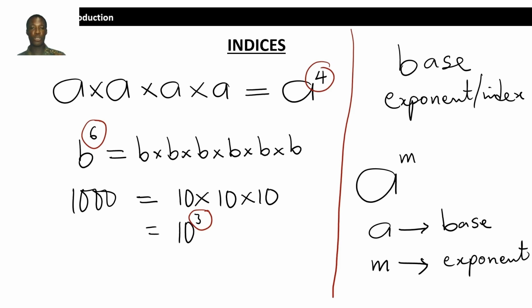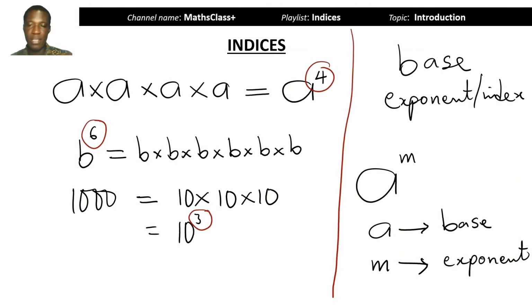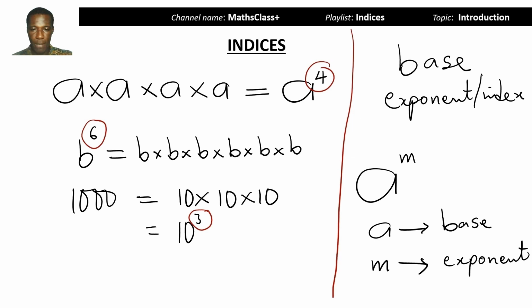So this is what we should know when it comes to indices. When we talk about an index number, we are saying a number raised to the power something. And that power, which we call superscript, tells us how many times the base is multiplying itself.